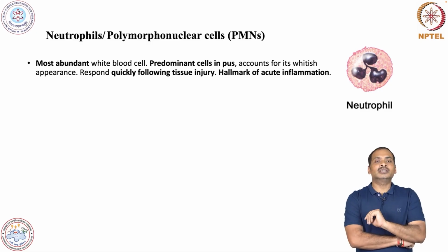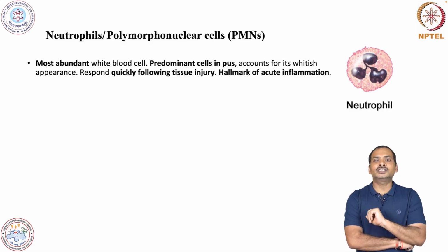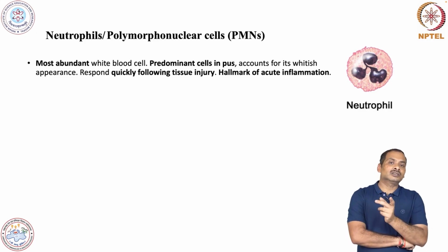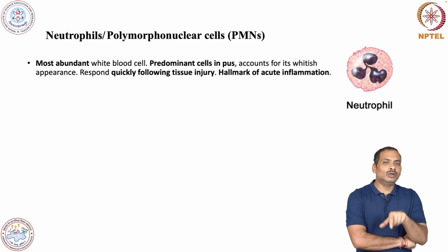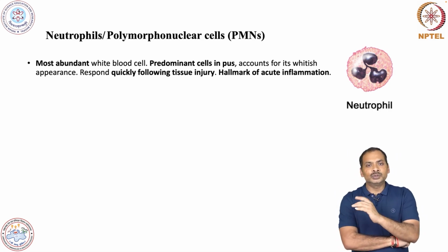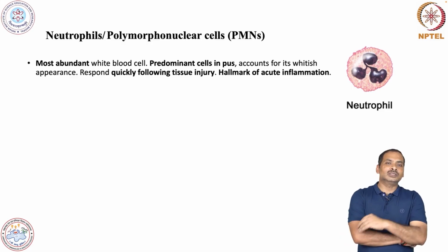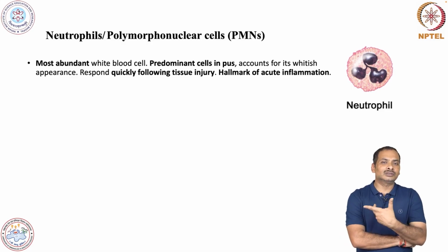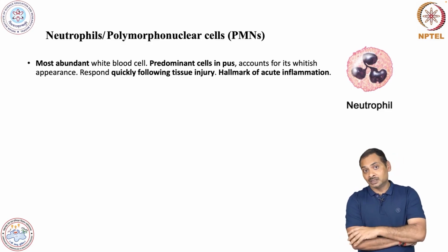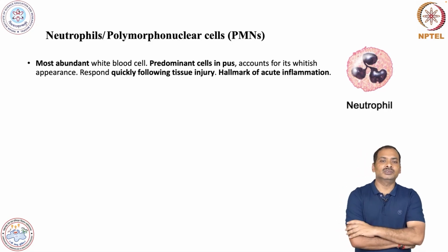Acute is any response which is extremely high for a short duration. Chronic is not so high, but lasts for a long duration, like a chronic disease, which does not create too much of a problem but is persistent for a very long time.